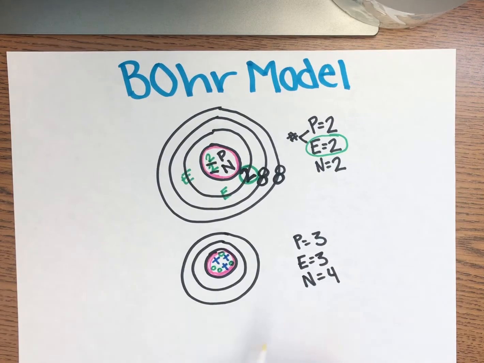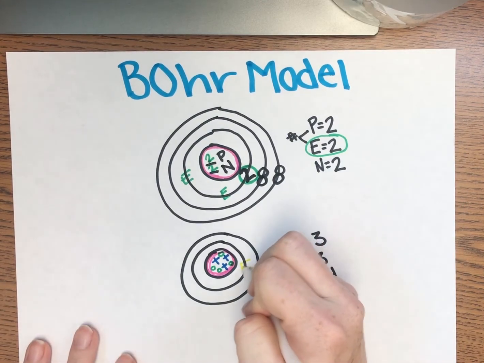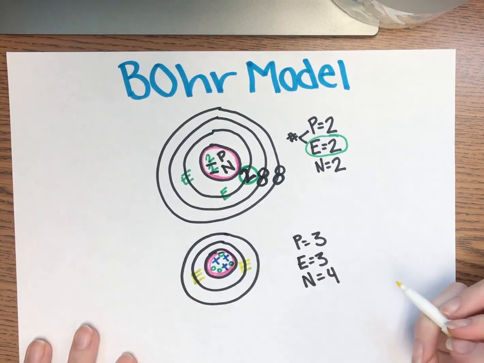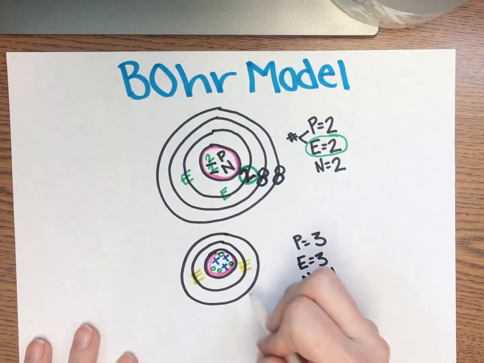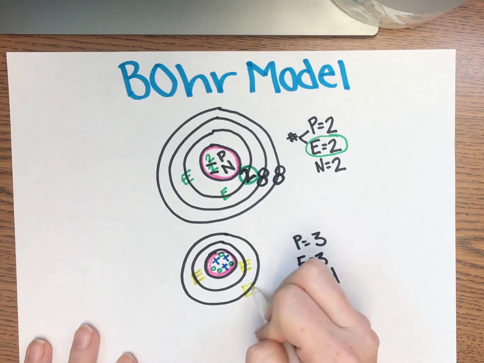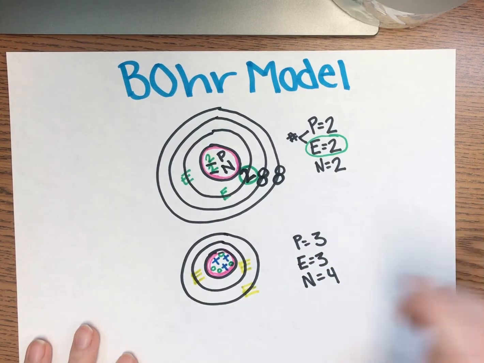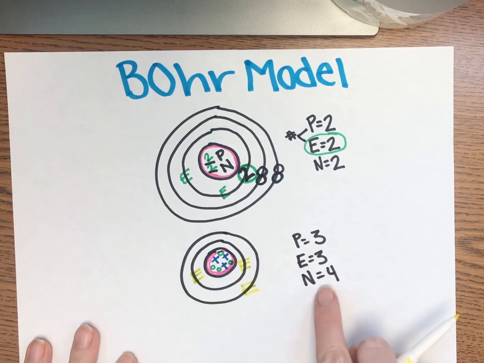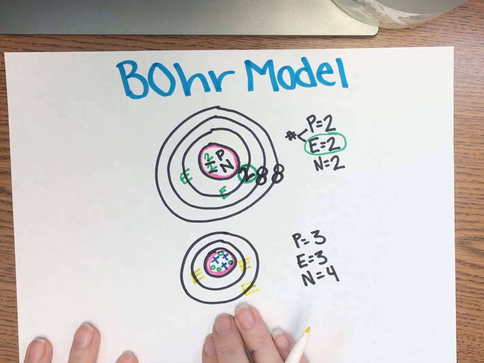So what that means is we'll put 2 electrons on this first ring, 1, 2. Now, our third electron is going to have to go to that second ring. Now we have our 3 electrons, 3 protons, and 4 neutrons. This is a Bohr model.